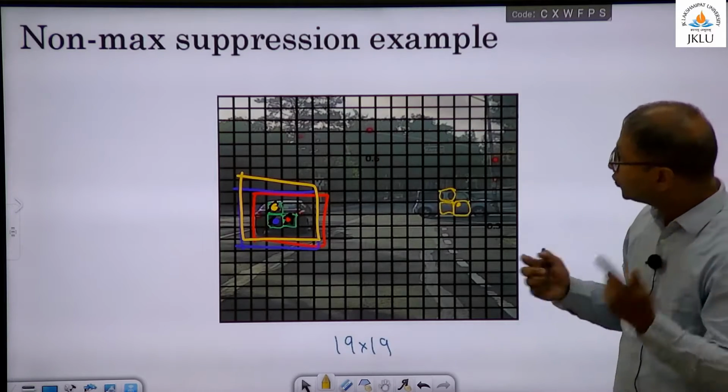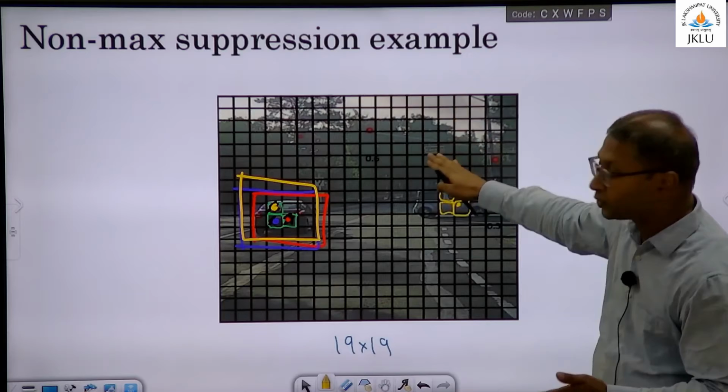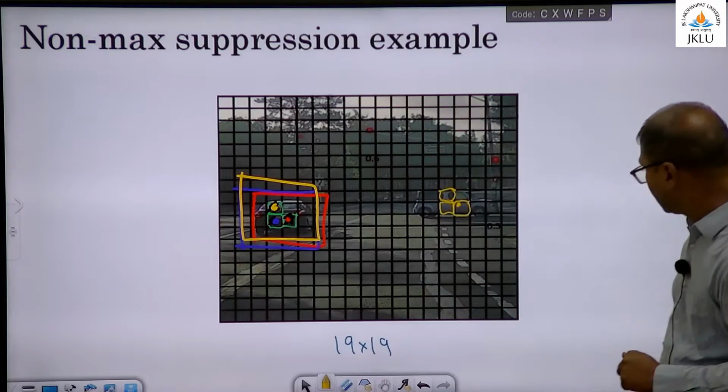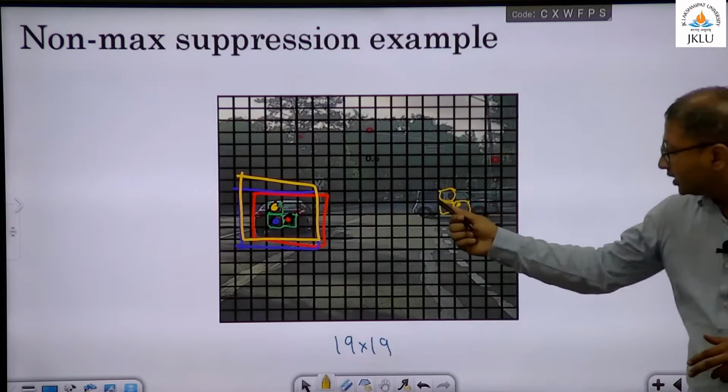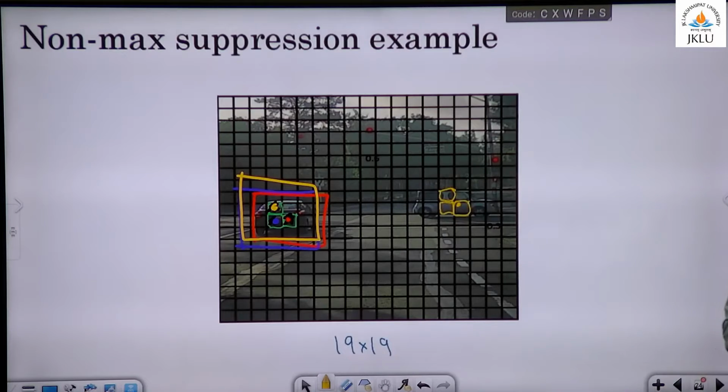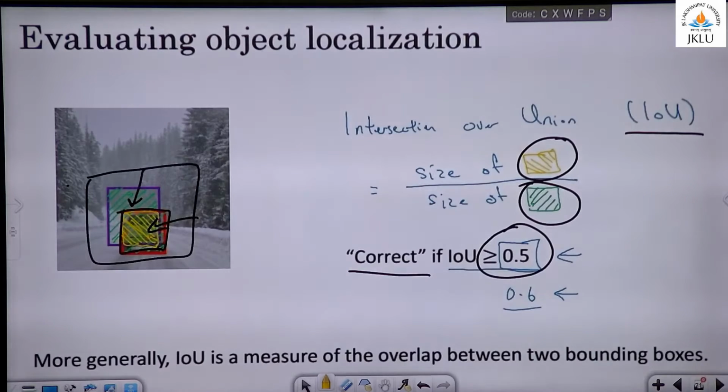So you use IOU in non-max suppression to deal with this. That we'll do in the next class, and similarly for the other cars as well. More questions here? All right, then that's it for today.